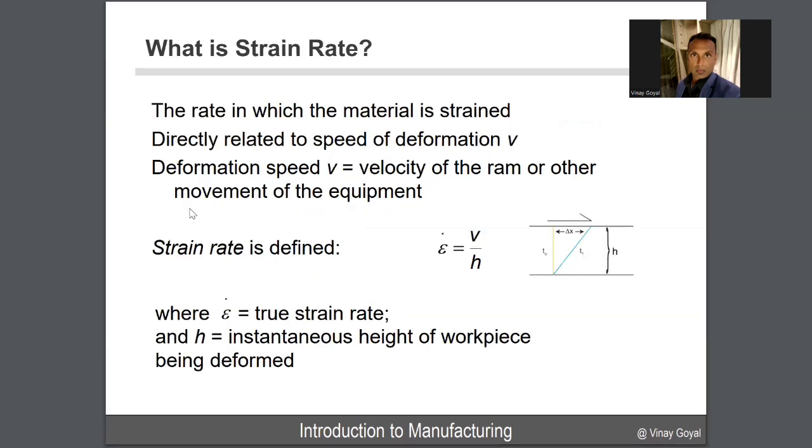So what is strain rate? It is the rate at which the material is strained, directly related to the speed or velocity. The deformation speed v is the velocity of the ram or other movement of the material. So I can define the strain rate as the velocity v divided by, in this case, the height h, where epsilon dot is the true strain rate and h is the instantaneous height of the workpiece being deformed.